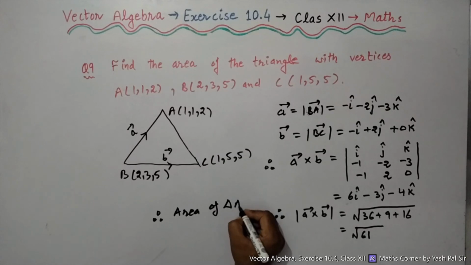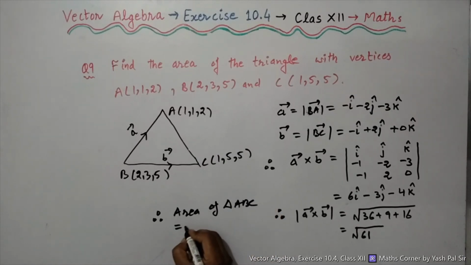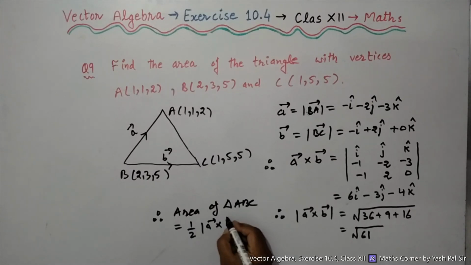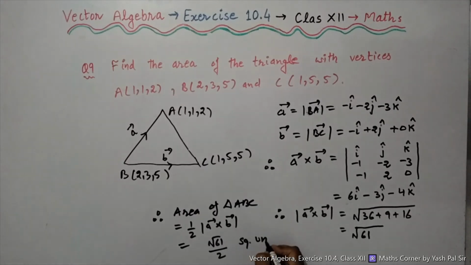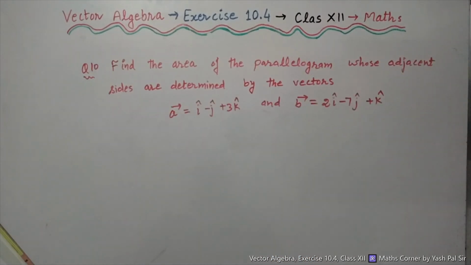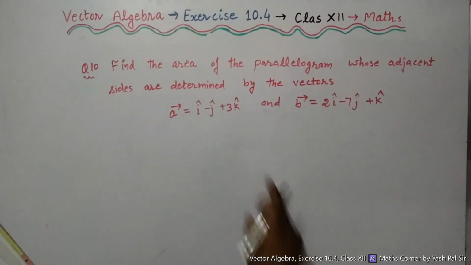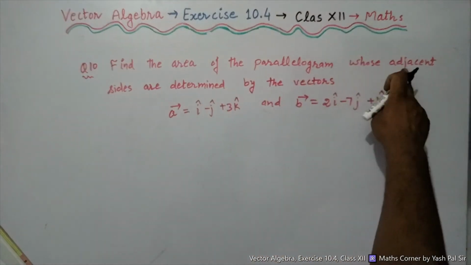Therefore area of triangle ABC is equal to half the magnitude of vector A cross vector B. This is equal to square root of 61 upon 2 square unit is the required area.